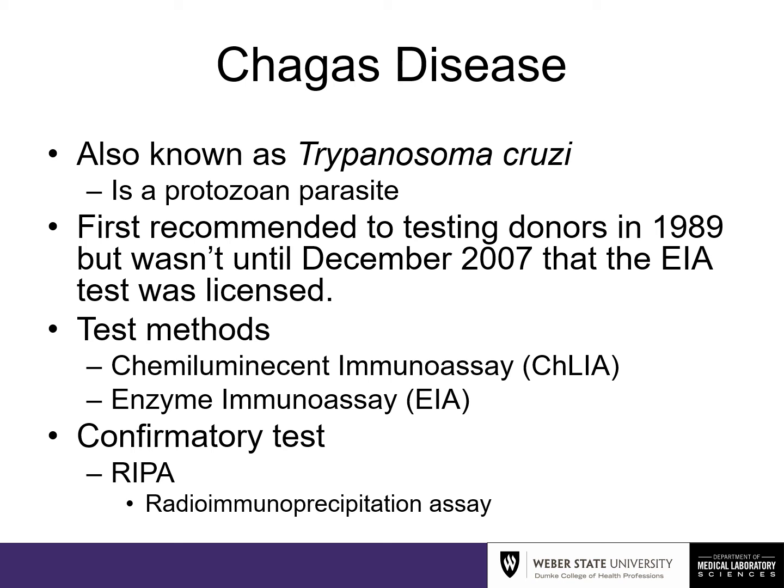The testing was first recommended in 1989, but it wasn't until December of 2007 that the EIA, or the enzyme immunoassay test, was licensed by the FDA. There are two different testing methods that we use to screen for Chagas disease: the chemiluminescent immunoassay, or the CHLIA test, and the enzyme immunoassay, or the EIA test, that was mentioned before.